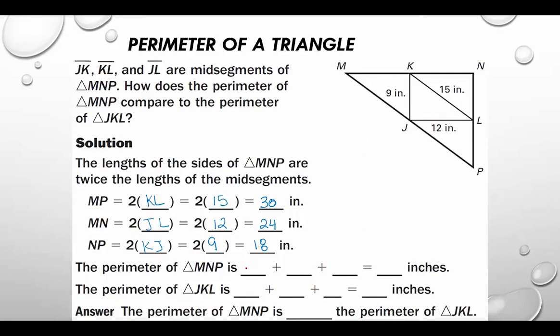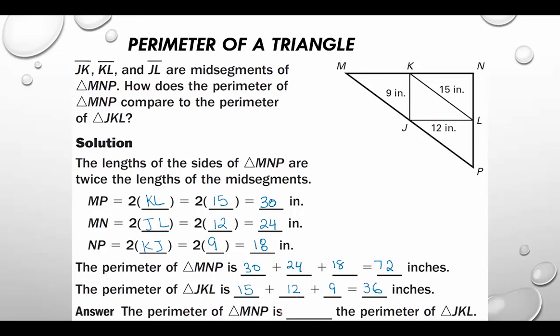Now we can find the perimeter of triangle MNP, which is 30 plus 24 plus 18, which gives me 72. We can also find the perimeter of the smaller triangle JKL, which is 15 plus 12 plus 9, which gives me 36.